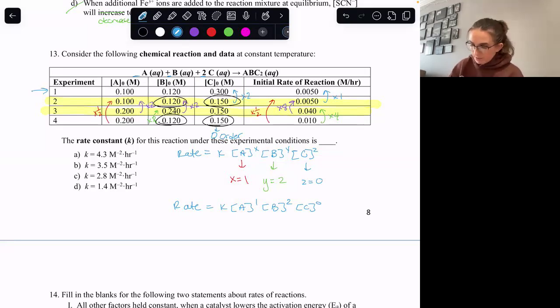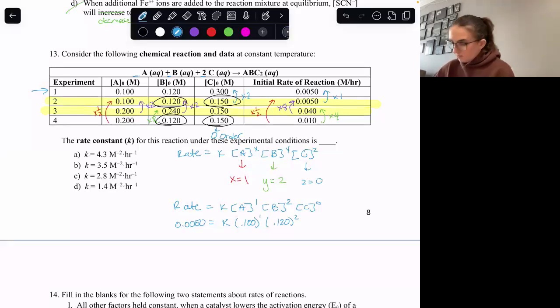So you can pick experiment 1 and you're just going to plug in the rate. Anything that you plug in for C is going to become 1, so we don't need to include that anyways. And then you can solve for k here. You're going to multiply 0.120, square that, multiply that by 0.1, and then divide. So you should end up with B as your answer choice for k.